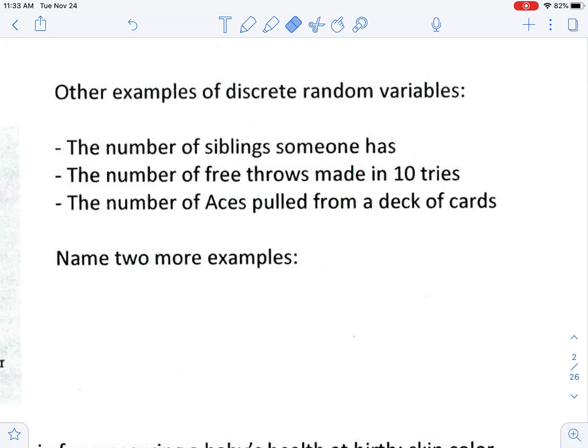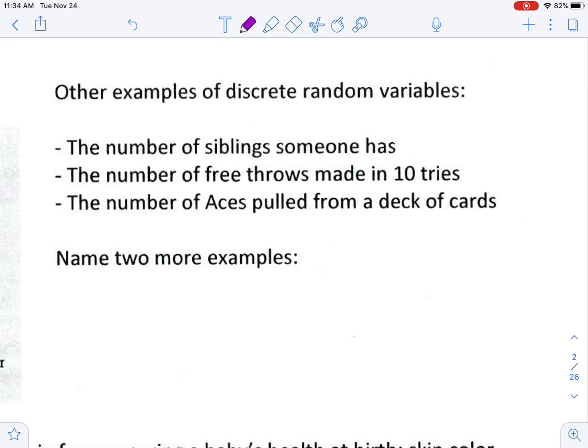Here's something as a good reminder. We've talked about discrete and continuous variables before, maybe not random variables. We'll talk about continuous a little later, but here's what discrete are. Discrete are integer-type values. The number of siblings someone has could be 0, 1, or 2.